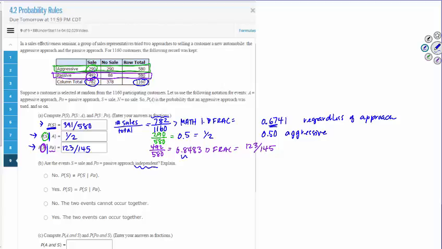But if we use the passive approach, the probability of sale jumps up to almost 85%. So we can say without a doubt that the approach affects the probability of sale, because the probability of sale 0.67 changes under different conditions or under different approaches. So no, they're not independent. Yes, they are dependent. That's because the probability of sale is different than the probability of sale given that a passive approach was used.